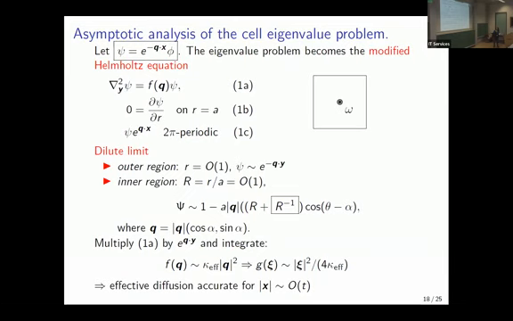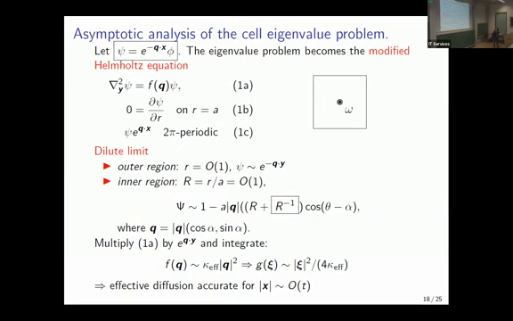And then by matching with this outer condition, one can obtain this expression here. And basically the effect of the obstacle is represented by this r to the -1 term. So the fact that you have a small obstacle there has a small effect on the leading order solution for psi.